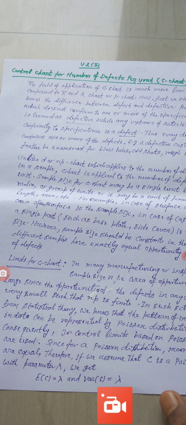That is why it is called defective. For example, a defective casting may be further examined for blow holes, cold shots, rough surface, etc.